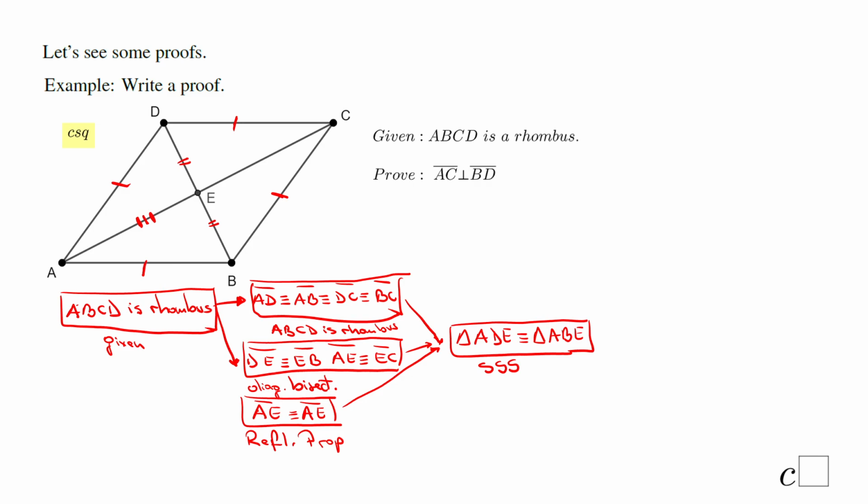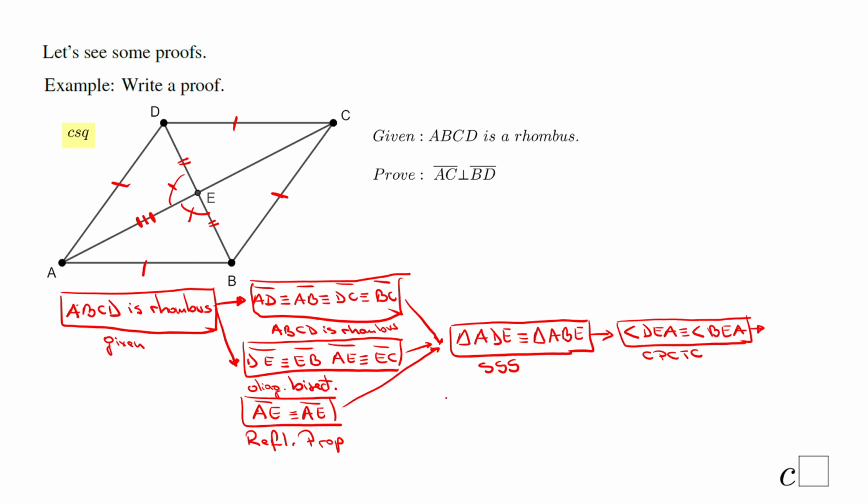And now from this, we can say these two angles need to be congruent. So angle DEA is congruent with angle BEA, and here we'll say corresponding parts of congruent triangles are congruent, which allows us to say another thing, that they have the same measure.